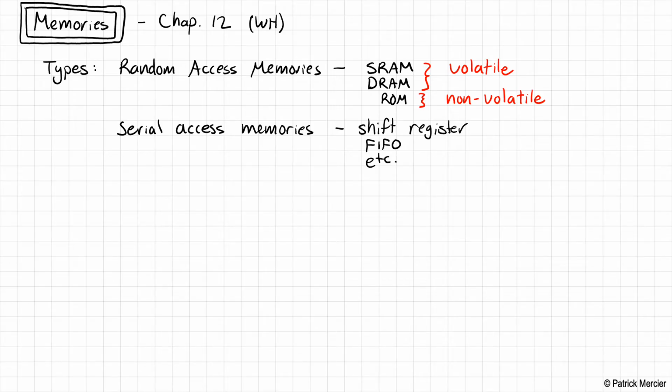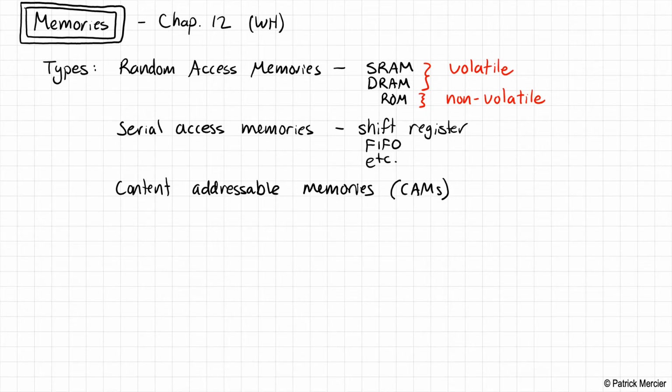Then there's another interesting class of memories called content addressable memories, or CAMs. These are really interesting. Normally in a memory system, we insert an address. That address corresponds to some location within the memory, and we pull the data that's stored at that address.